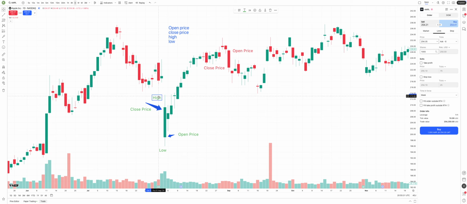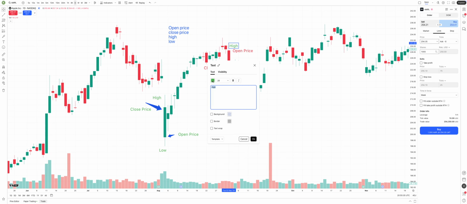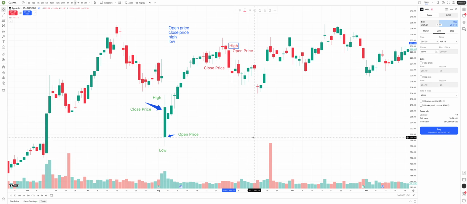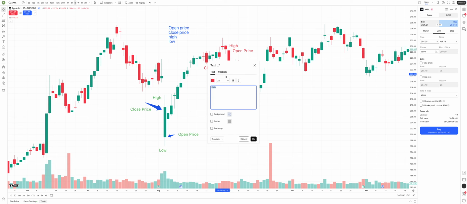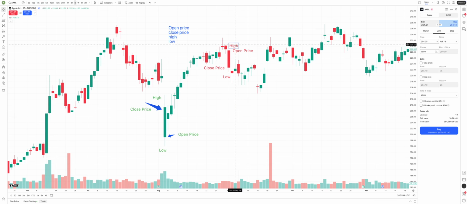And the wicks are the same. The highest point is the top of the wick, and the lowest point is the bottom of the wick. As you can see in this particular example, we opened at this price, we pushed up as high as this price, pushed as low as this price, and closed at this price.